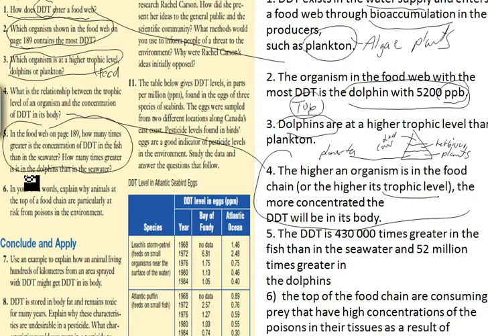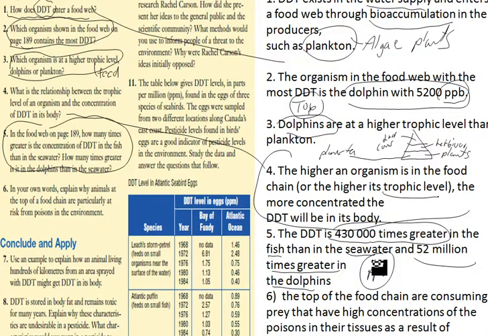And then how many times greater is it in the dolphins? So it's 430,000 times greater in the fish than the seawater, and 52 million times greater in the dolphins. Again, because you're dealing with parts per billion here.